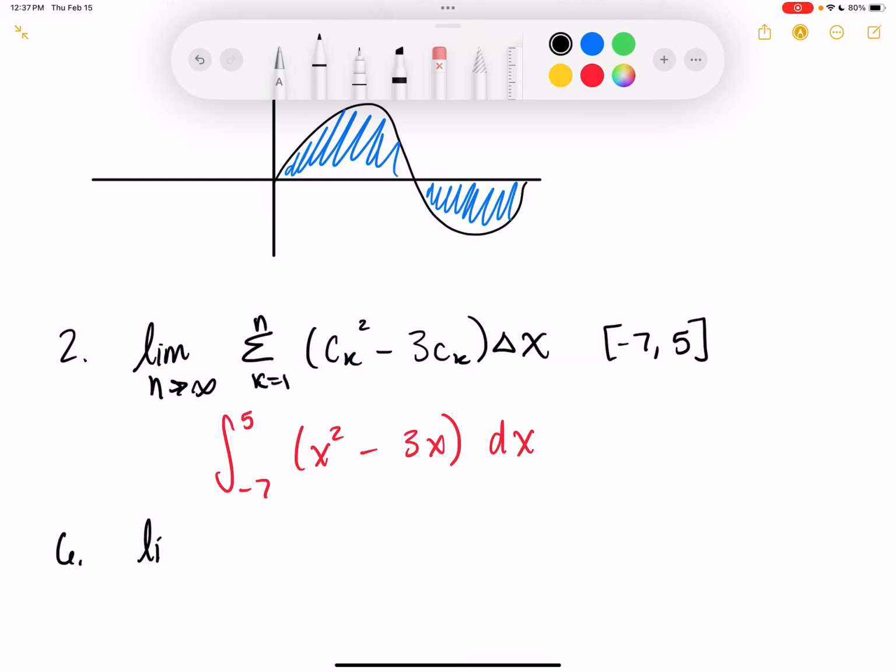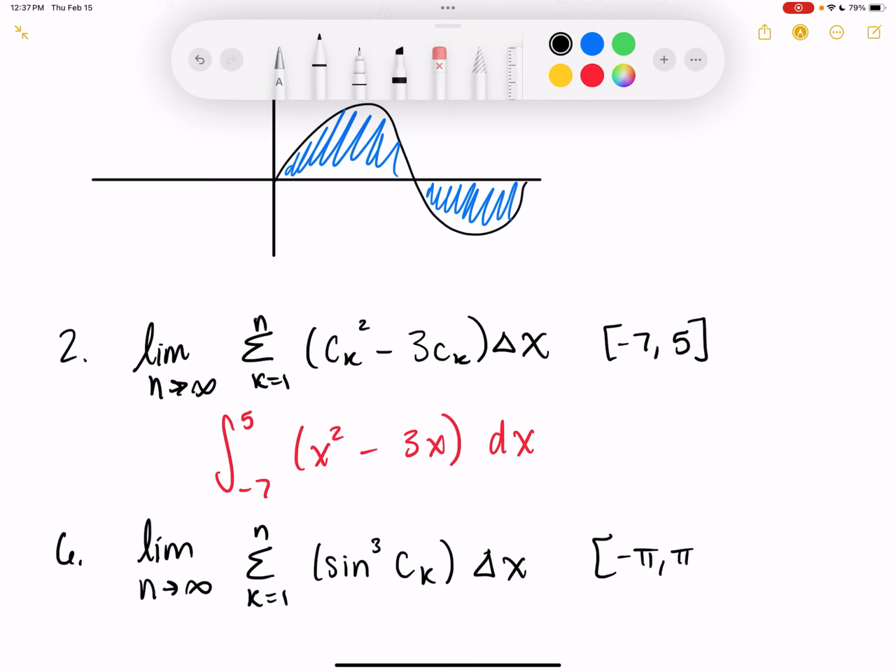6. The limit as n approaches infinity of the summation from k equals 1 to n of sine cubed of c sub k, not c sub x, times delta x, and we have the interval negative pi to pi.